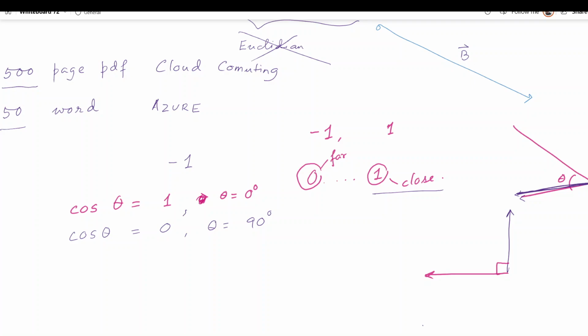We're considering direction, not the magnitude. So that is why it is too far. And anything which is 180, that means the next vector becomes something like this here. That is your 180 degree. Then it is minus 1. So cos theta is minus 1 when it is 180 degree.